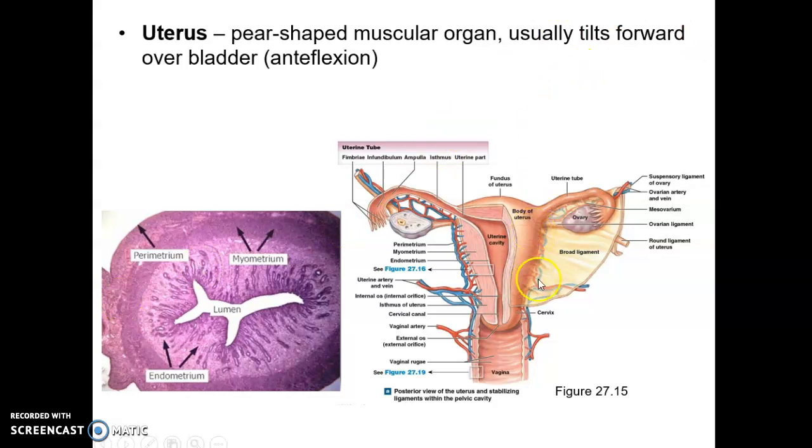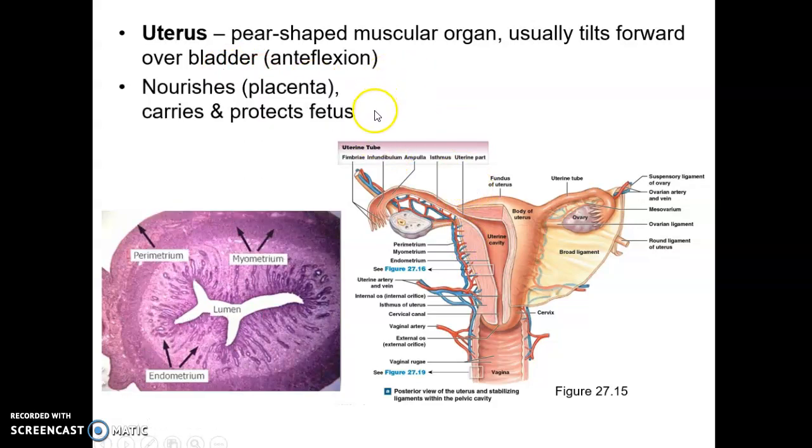Okay, so then the uterus is a pear-shaped muscular organ with smooth musculature, usually tilted forward over the bladder in what's referred to as anteflexion position. It nourishes via the placenta and carries and protects the fetus if a pregnancy is to occur.